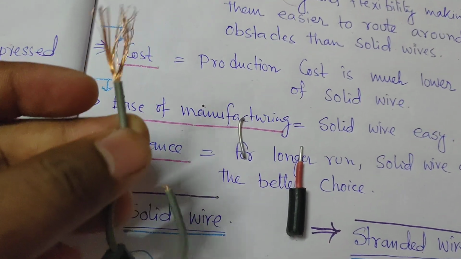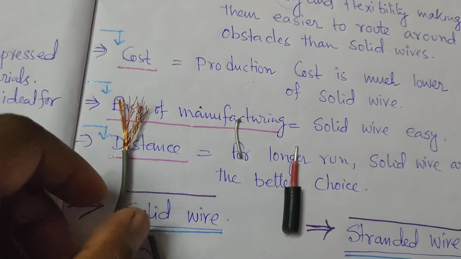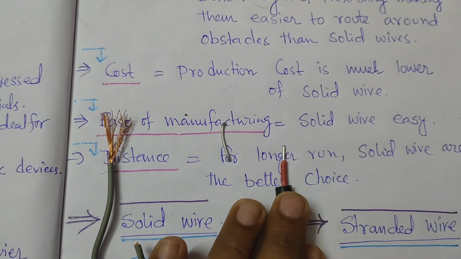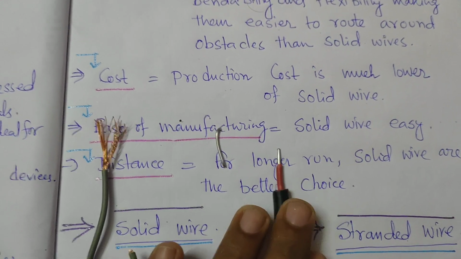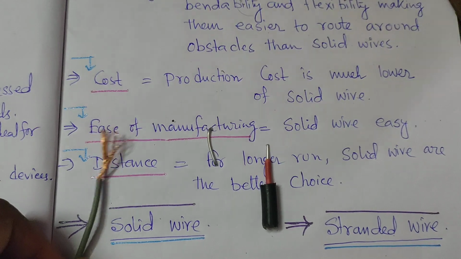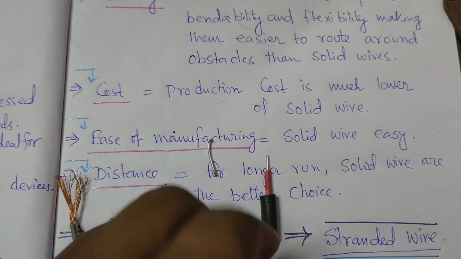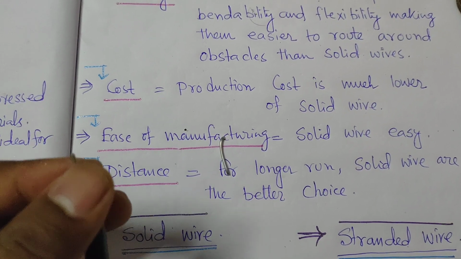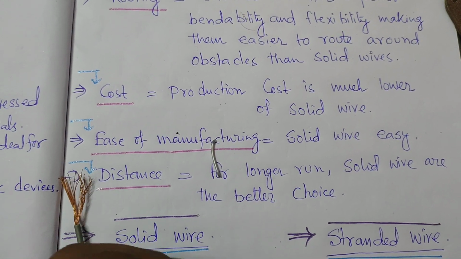So the labor cost and the production cost will be high. For the solid conductor or single strand conductor, the manufacturing cost is low. Ease of manufacturing: solid wire is easy to manufacture, and the labor cost will be less than the stranded conductor.